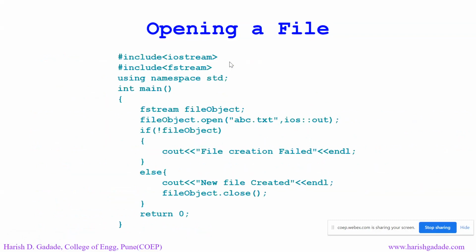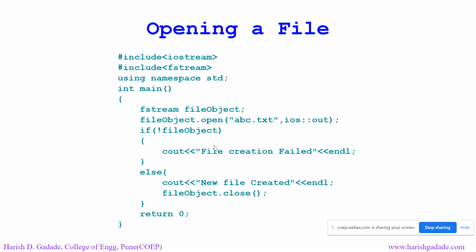So this is a simple program we can say. This is for opening a file. What we did here: we created the file object, and the file abc.txt we opened for output purpose. This is a condition we applied.